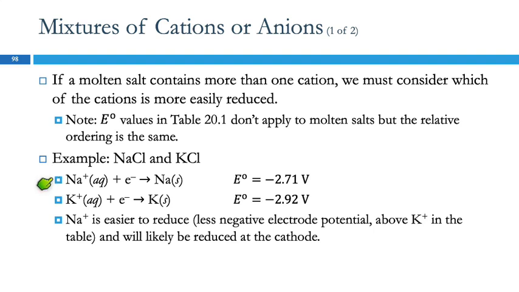So if we look at the reduction potentials for sodium and for potassium, sodium is negative 2.71, potassium is negative 2.92. This is less negative. This is easier to occur. So the sodium will be reduced first in preference to the potassium.